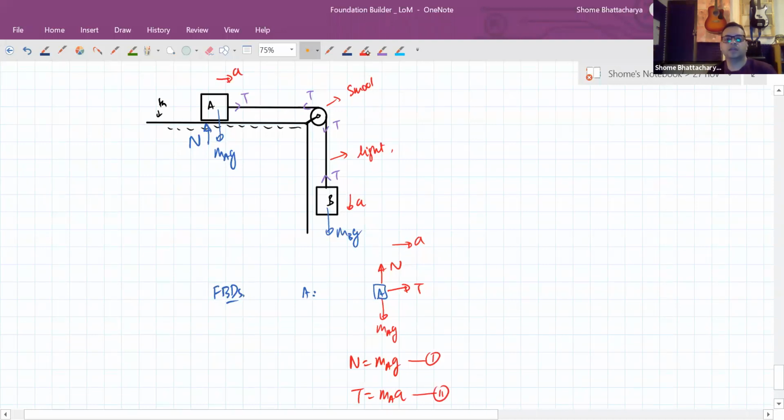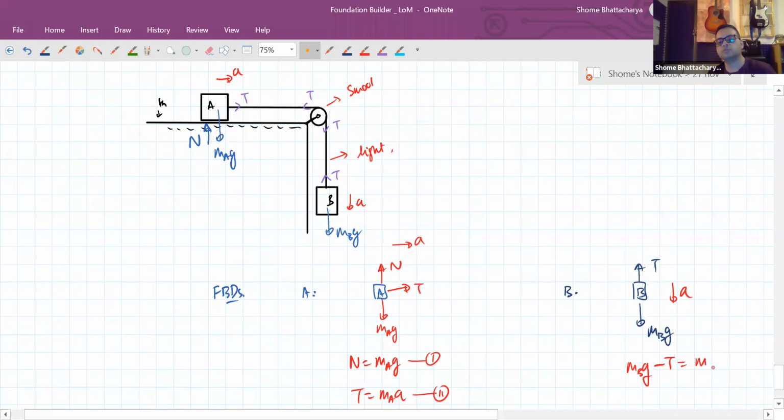Okay, and for B, a free body diagram is much simpler actually. It has only tension upwards and weight downwards, and the block has a downward acceleration. So our simple equation is net force should be downwards.